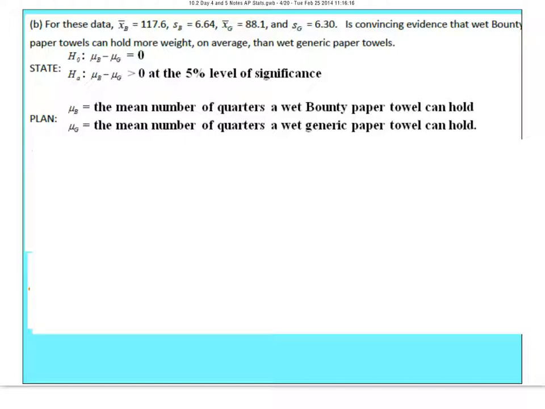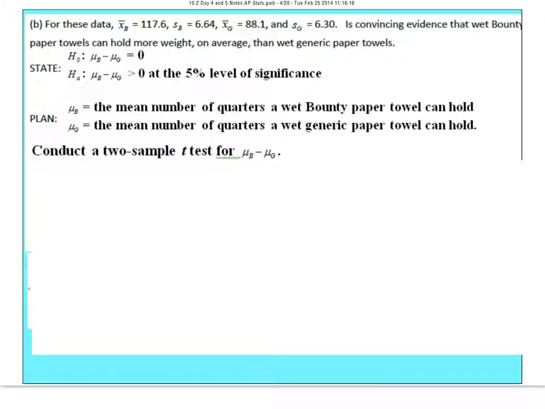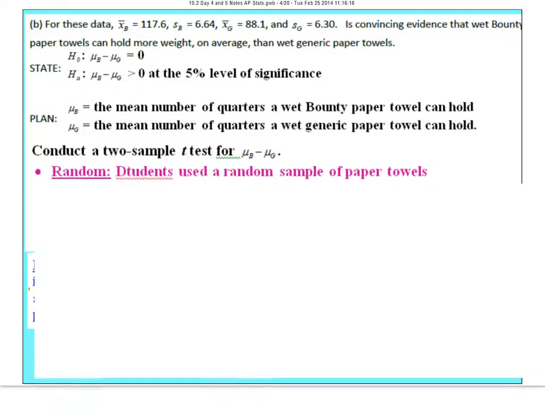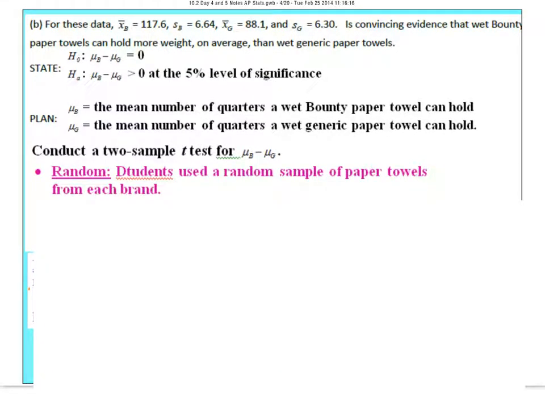For the plan portion, let's talk about what we're choosing. We are choosing to conduct a 2-sample t-test for the difference of these means. Was randomness taken care of? In this case, the students used a random sample of paper towels from each brand, so we're good on that. How about normality?